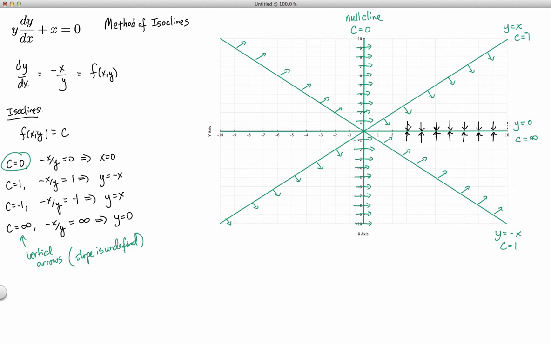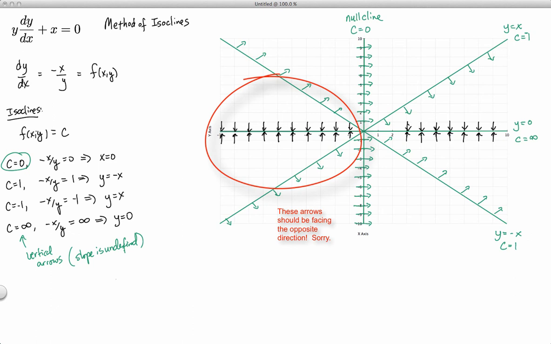What it means is that solutions want to get close to the line y equals 0, but the closer they get to them, the more vertical it becomes, and the less the differential equation can actually inform the solutions of where they're supposed to go. The slopes become undefined, so the differential equation loses properties of uniqueness and existence at that point. However, if you start on that line, then you can stay on that line.